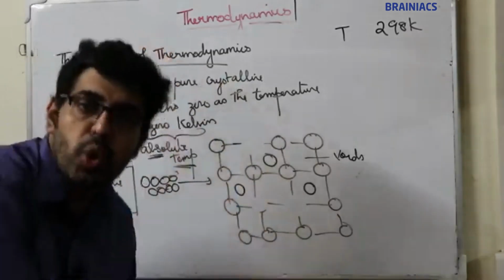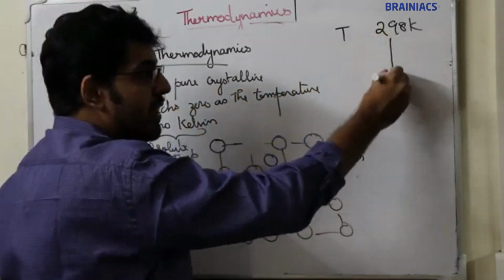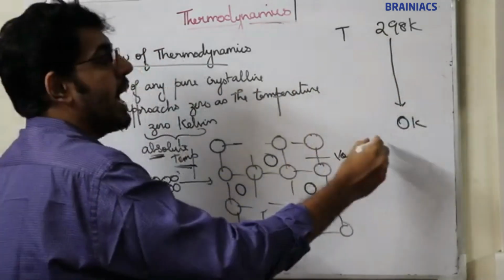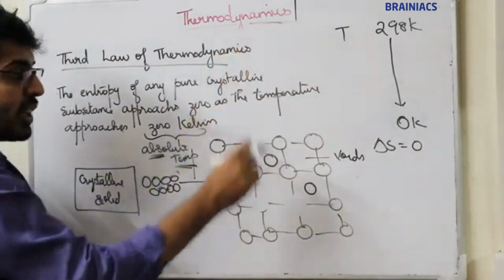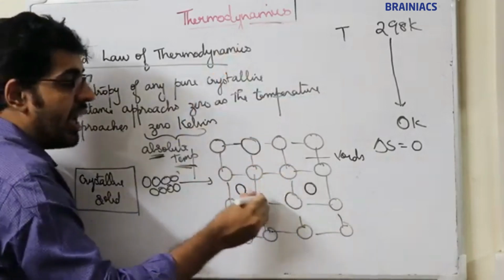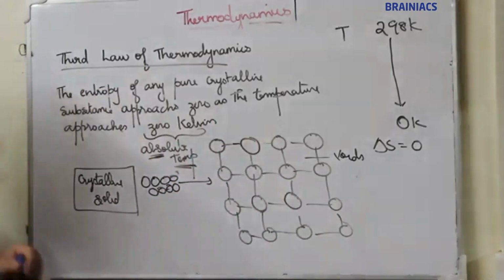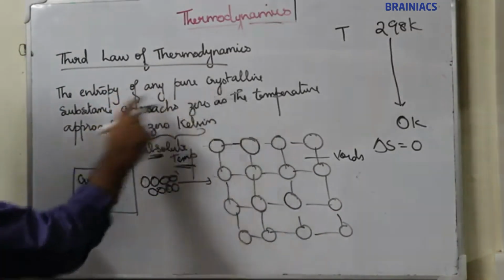As the temperature decreases and reaches 0 Kelvin, the entropy of this crystalline solid will be 0. At 0 Kelvin, the particles will stay in their original positions. At that time, the crystalline solid has 0 entropy.